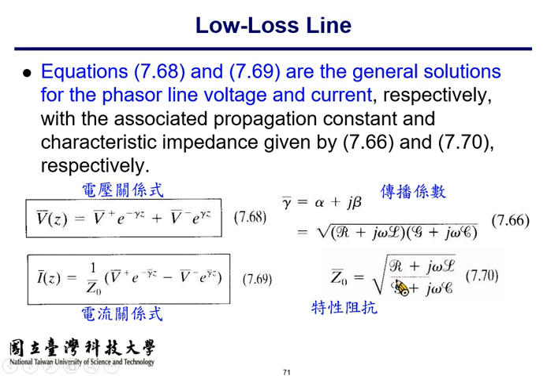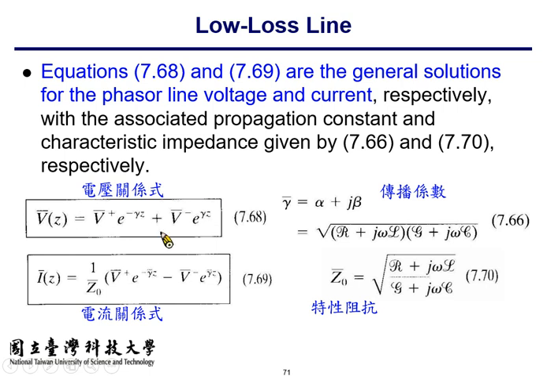The characteristic impedance is essentially the ratio of voltage magnitude over current magnitude. However, if it is a complex number, which can be expressed in terms of magnitude and phase, then it suggests there is a phase difference between the voltage signal and current signal on the transmission line. That may be something we need to consider.